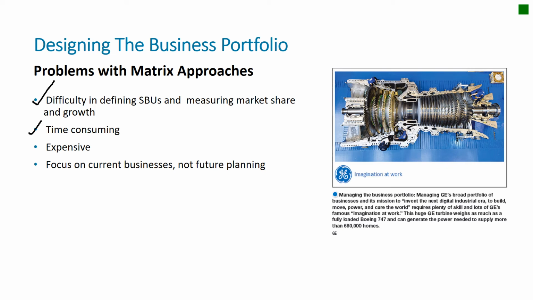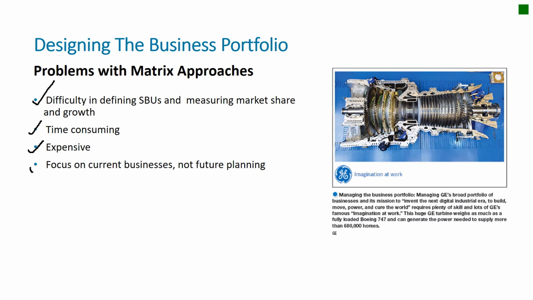Second, it is very time consuming. Of course, when we talk about analyzing, preparing and deciding to invest or not, it definitely takes a lot of time. Third is expensive. For example, a certain unit may decide to invest more money for a certain product and it may turn out useless, and thus it is a very expensive effort.